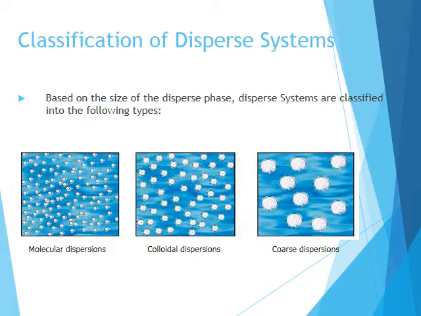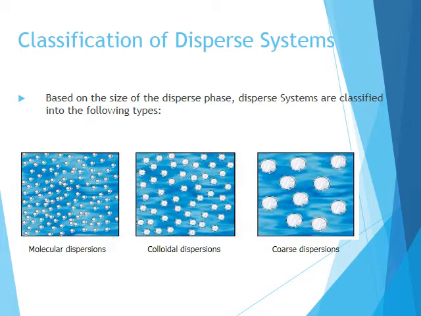The answer is we do have different types of disperse systems, and these can be classified according to the size of the disperse phase in the dispersion medium into the following dispersions. The first one is molecular dispersions, the second one is colloidal dispersions, and the last one is coarse dispersions.